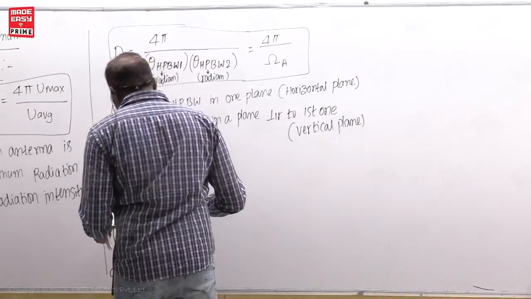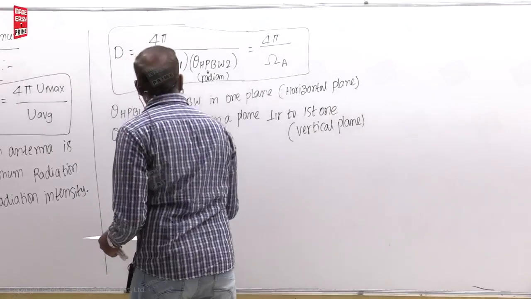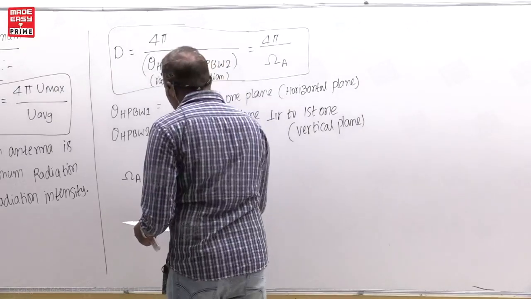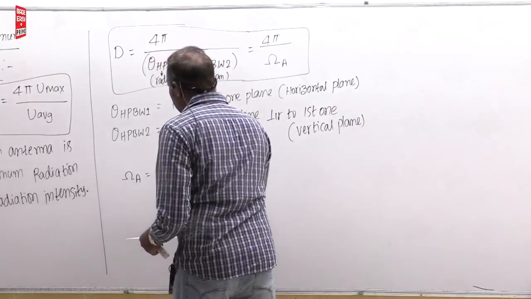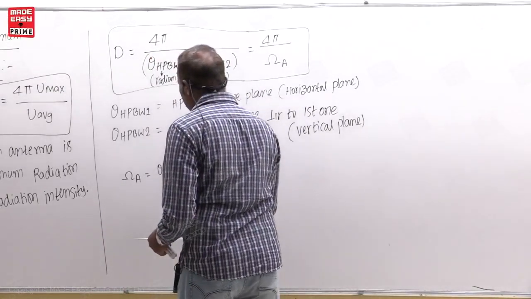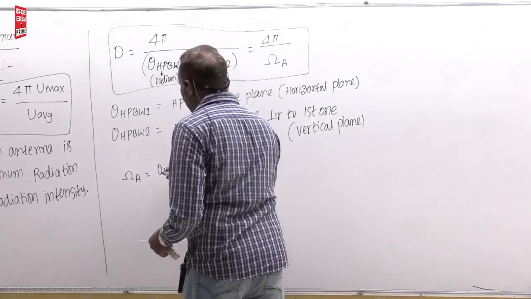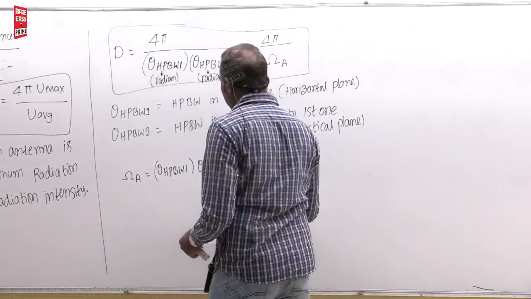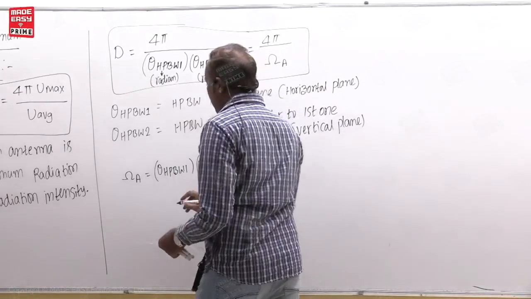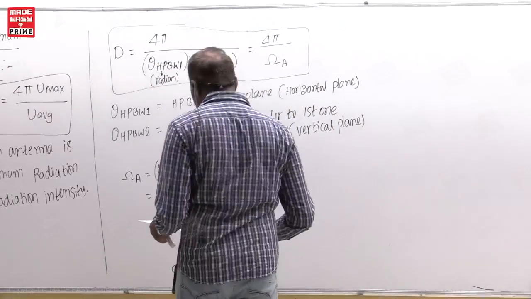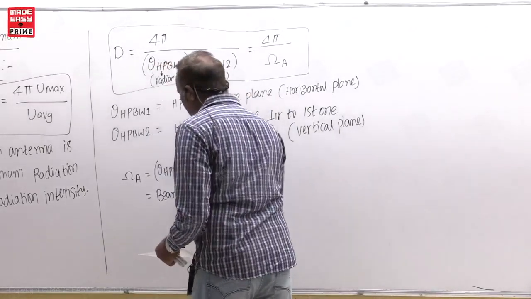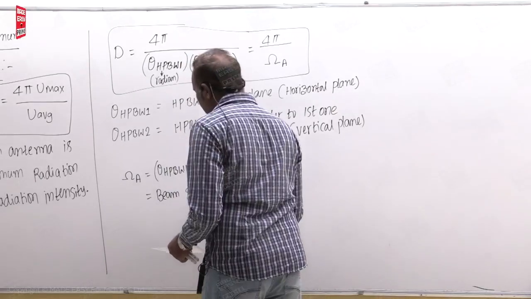Now, here this omega A is equal to theta half power beam width in one plane multiplied with theta half power beam width in second plane. So this omega A is called the beam solid angle.